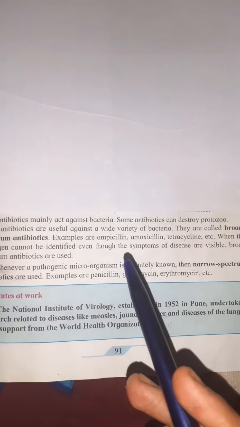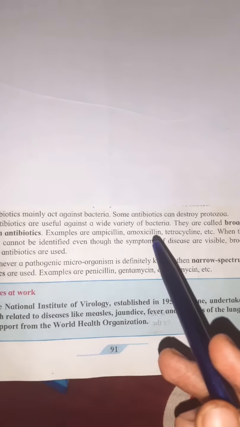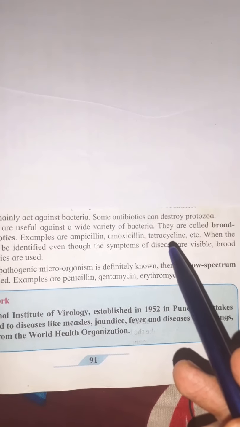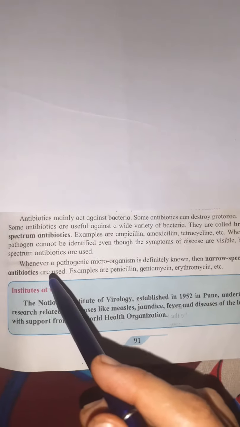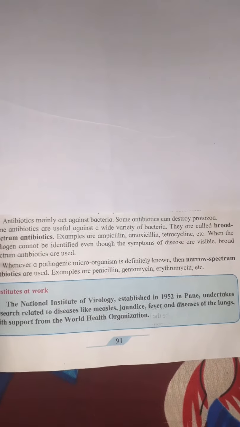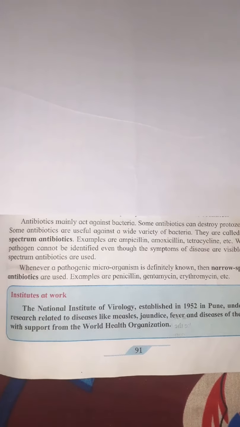Example of broad spectrum antibiotic is ampicillin, amoxicillin, tetracycline. These are a few examples. So now, sometimes there are some types of disease whose symptoms cannot be identified in initial stages.